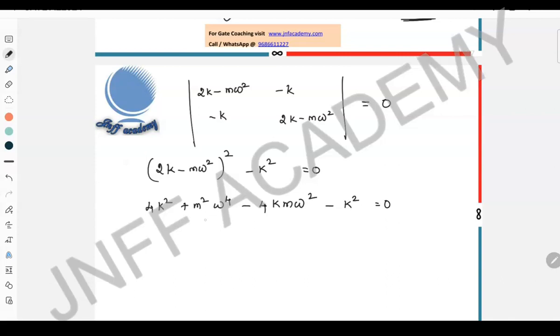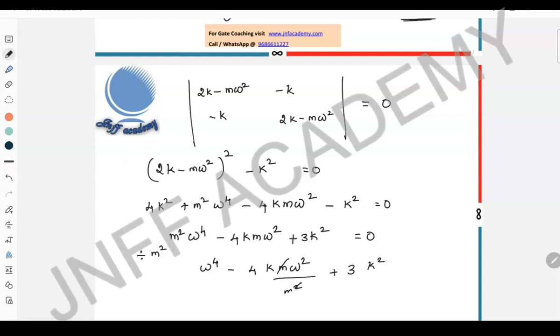Now we will write in order: m square omega power 4 minus 4km omega square plus 3k square is equal to 0. Now we can divide all the terms by m square. So our equation will look like this: omega power 4 minus 4km omega square by m square, here I can cancel one m, plus 3k square by m square is equal to 0.